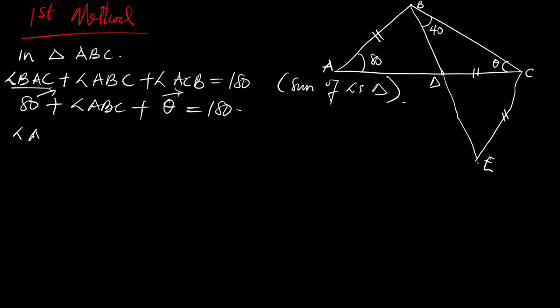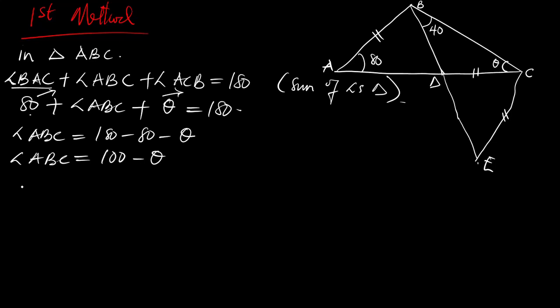You have angle ABC equal to 180 minus 80 minus theta. So this will give us 100 minus theta.